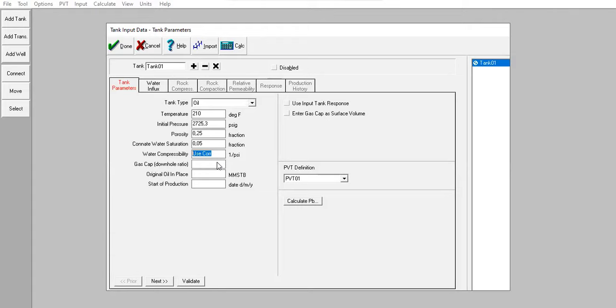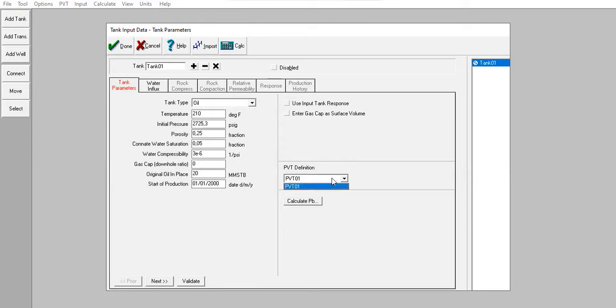So instead of using correlation, I will input 3 times 10 to the power of -6. All right. Gas cap, no gas cap with original oil in place of 20 mmstb and start of production 1st January of 2000.